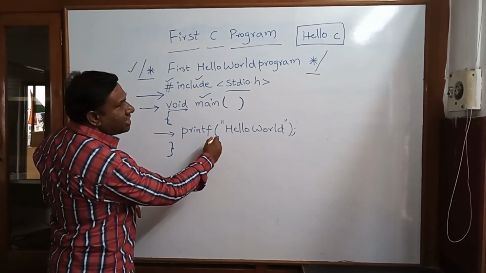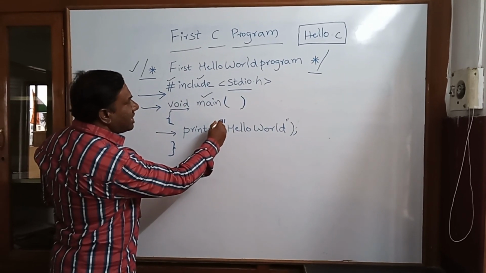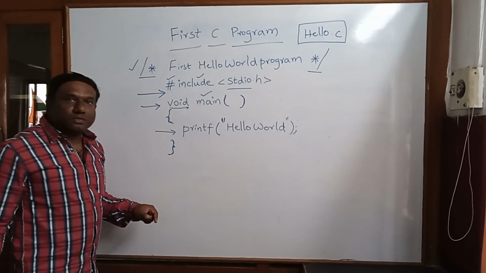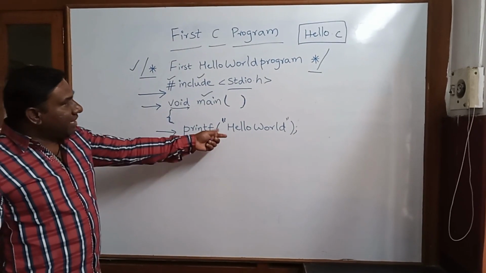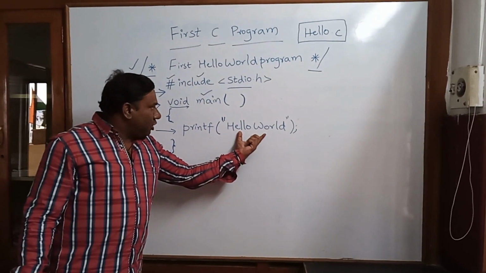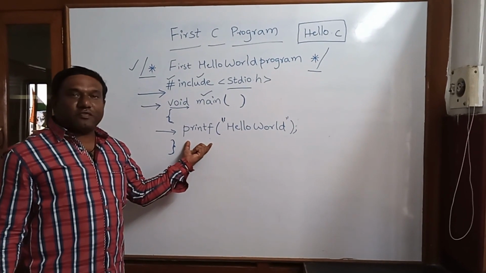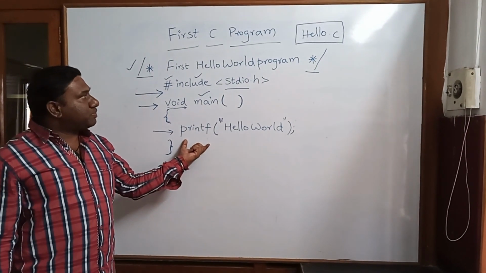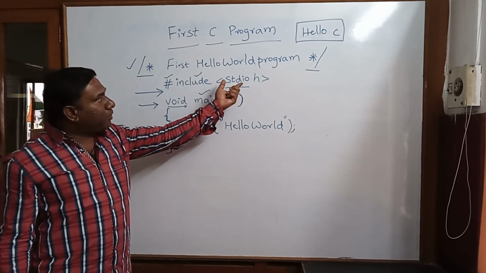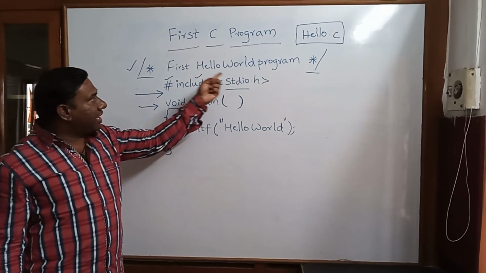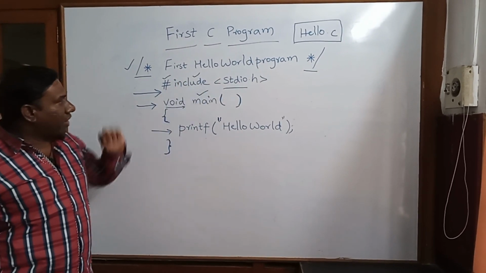This is your function symbol. Double quotation represents characters. We are printing this hello world using the printf function. Printf is a predefined function present in the standard input output header file. That is the reason we are including this header file in our program.